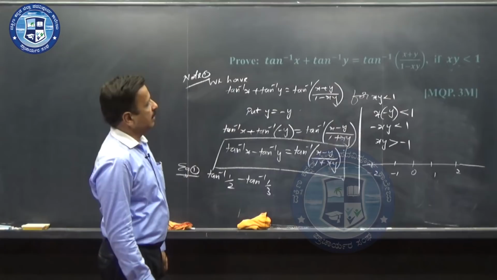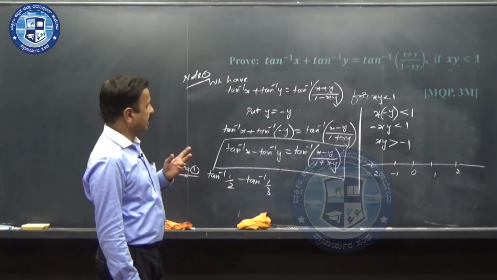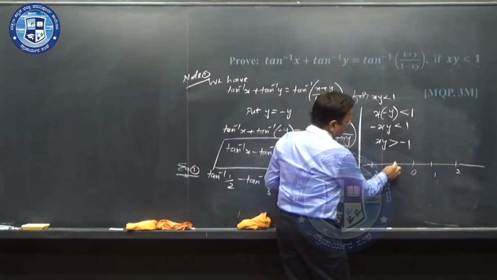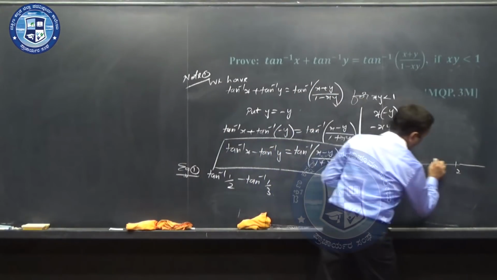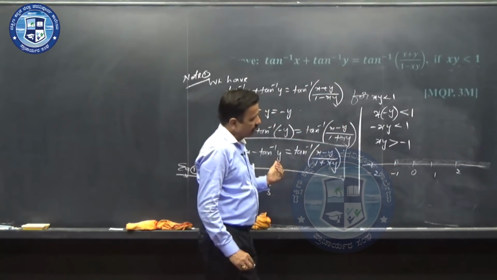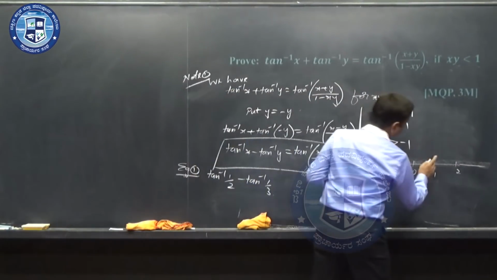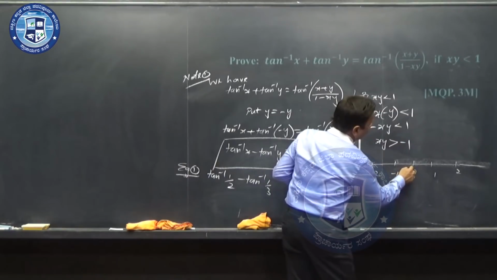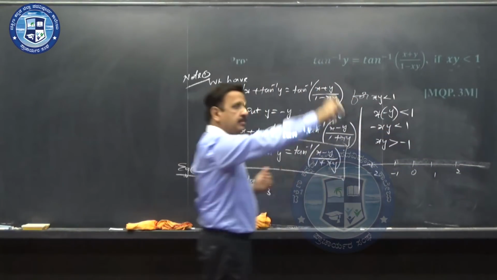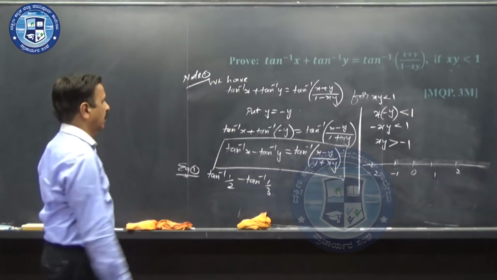Product of x and y is more than minus 1. Minus 1 is here. More than minus 1 means any value here. This side it is less than minus 1. More than minus 1 means it can be minus 0.50, 0.51, 1.52, anything. That is called as more than minus 1.